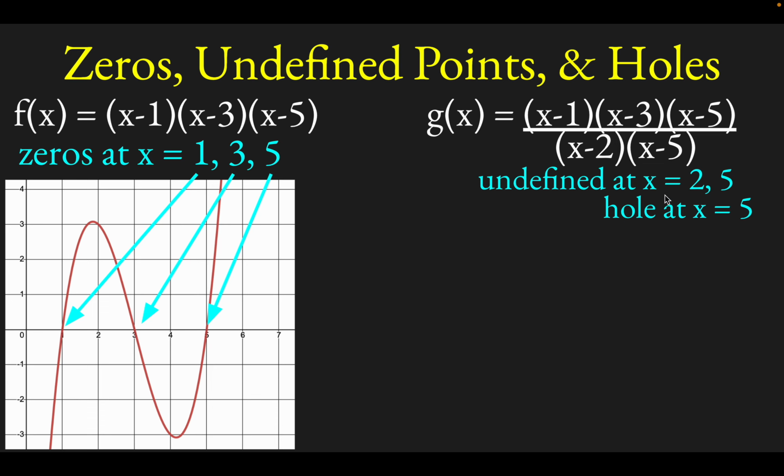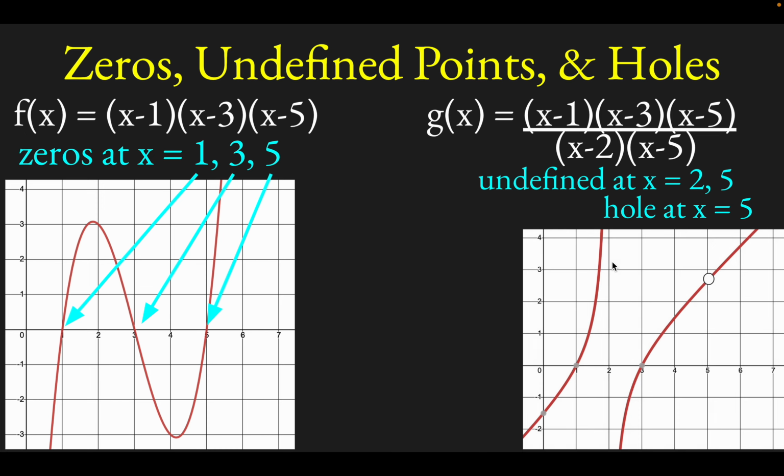When that happens, you'll have what's called a hole in the function. So if we look at a graph of this thing, what you notice is, indeed, the function's undefined at x equals 2. It blows up there. It approaches infinity from x coming from below and negative infinity with x coming from above.